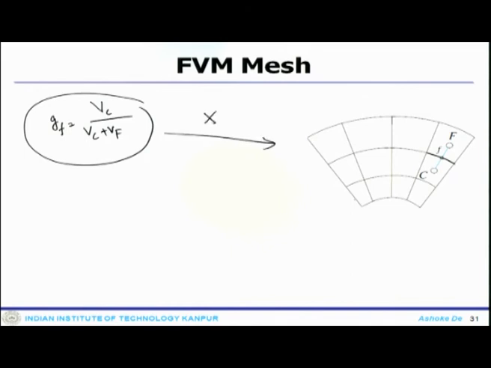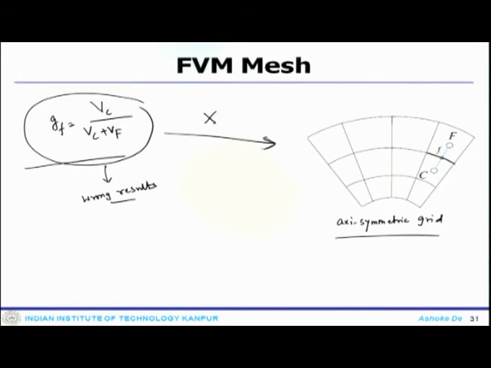This is an axisymmetric grid. When you have an axisymmetric case, this interpolation does not work at all. This can give you completely wrong results. So whenever you use this kind of interpolation, one has to note that it is not straightforward and cannot be extended to any kind of configuration.